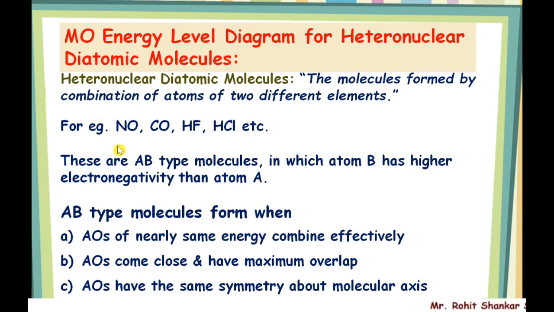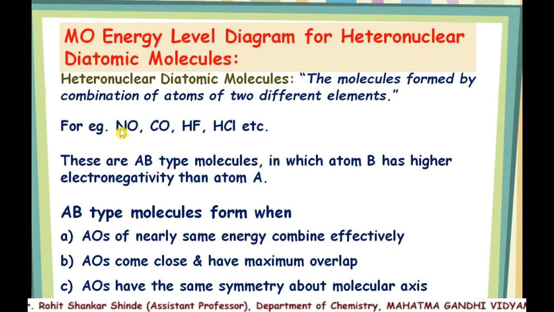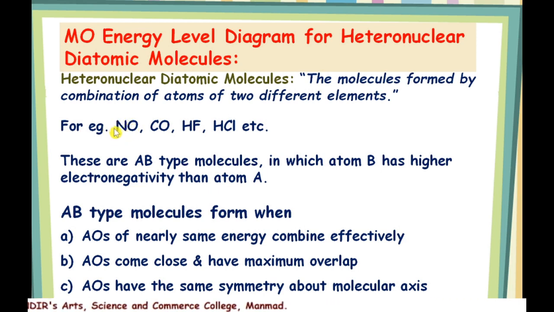All these four molecules contain two different elements. In nitric oxide, one element is nitrogen, another is oxygen. So this molecule is formed by combination of atoms of two different elements. That's why it is a heteronuclear diatomic molecule.